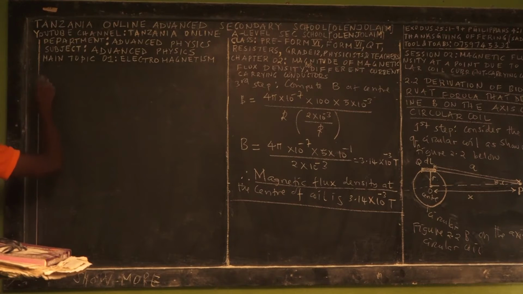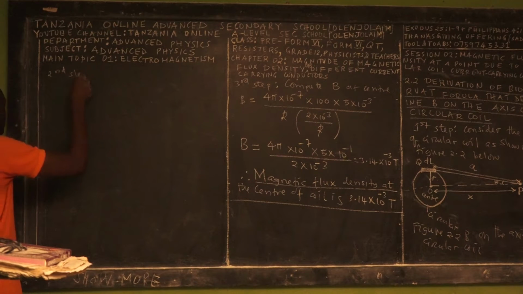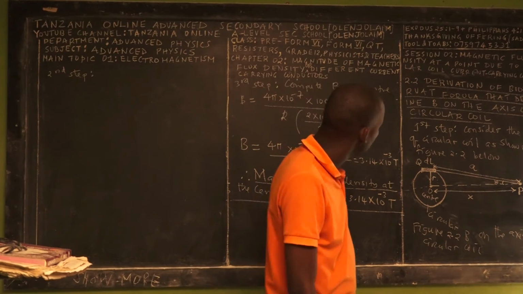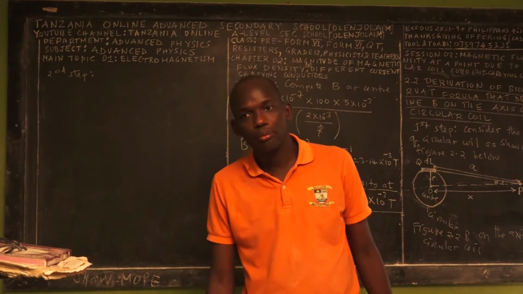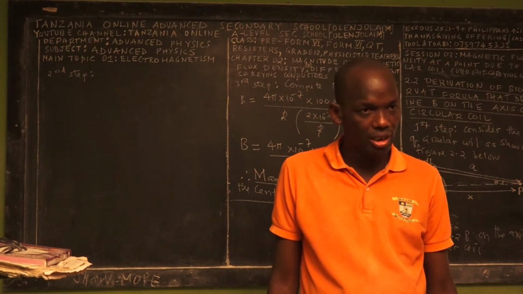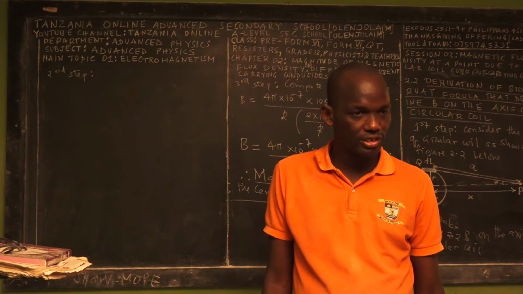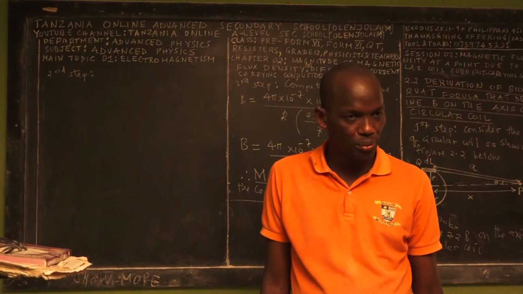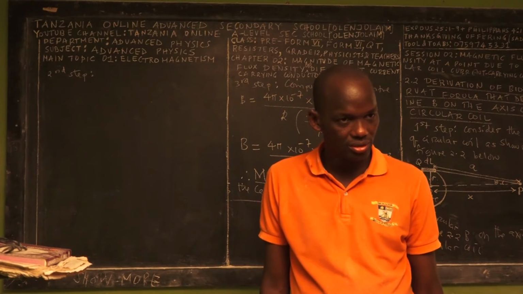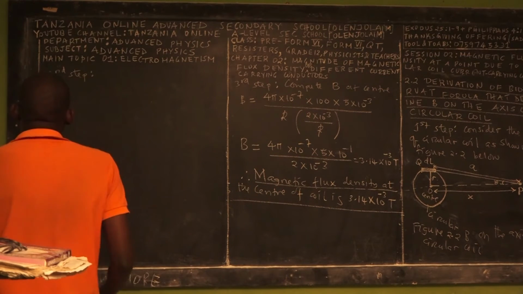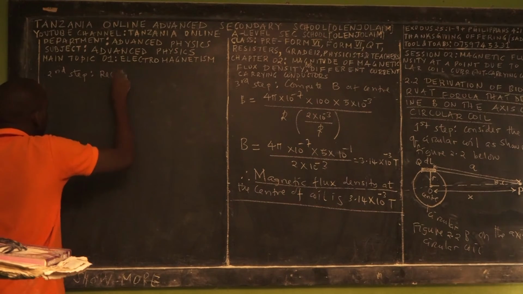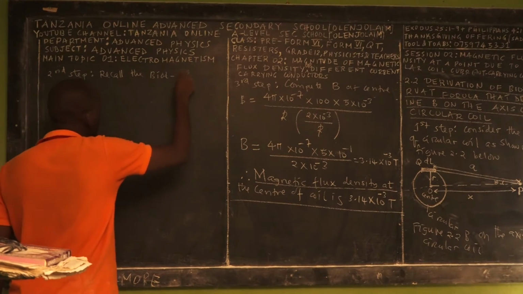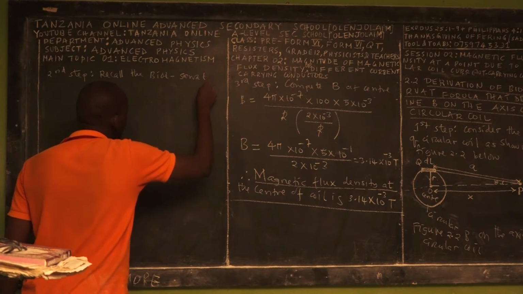Let us continue to the second step. You have to be careful if you want to understand this derivation. The second step, we recall the Biot-Savart formula for the small segment of the circular coil. I'm waiting for you to stop writing, then I will continue. So recall the general Biot-Savart formula.